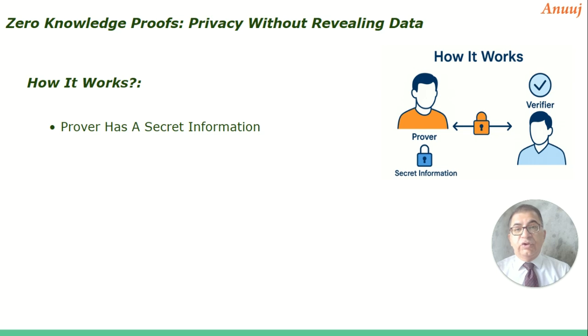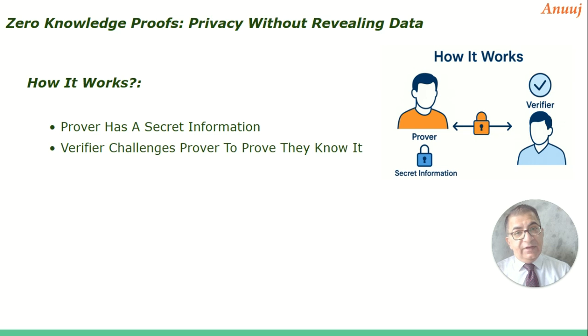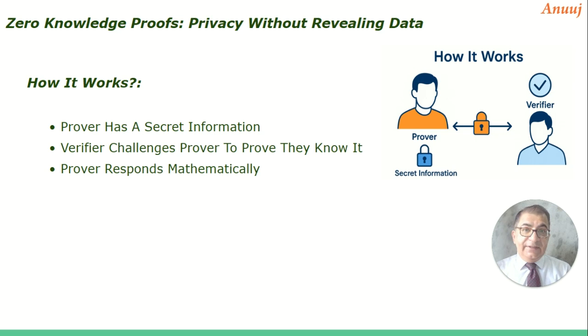How? So the prover has a code, and the receiver challenges the prover to prove that the information is correct. So the prover, instead of sending the information again, or a documented proof, like your date of birth, sends that code. And if the codes match, the person having the information, the verifier, knows that the information is correct. And if the codes don't match, then there is a possibility of it being incorrect information.